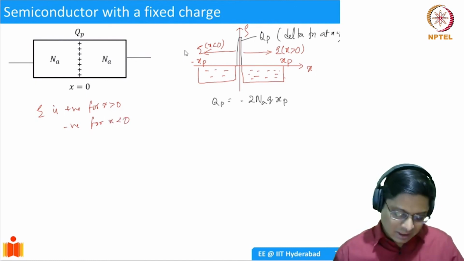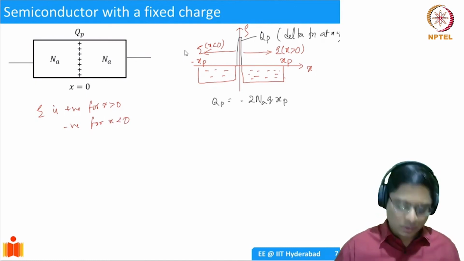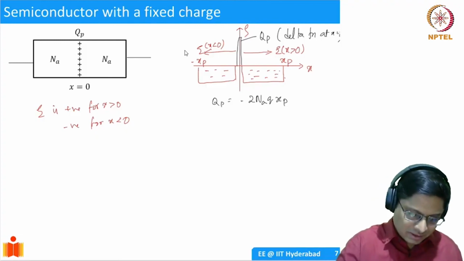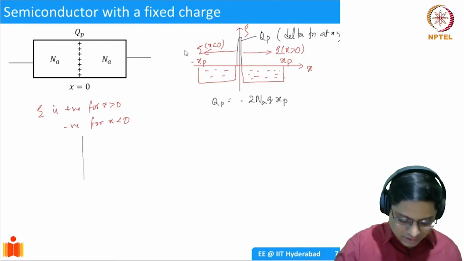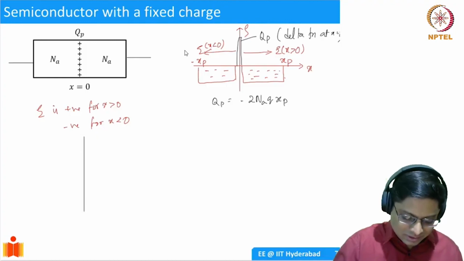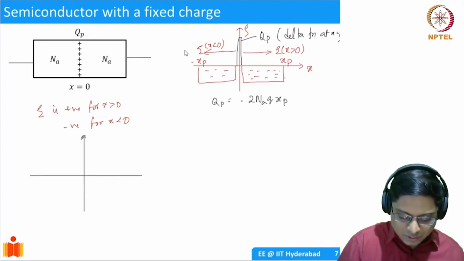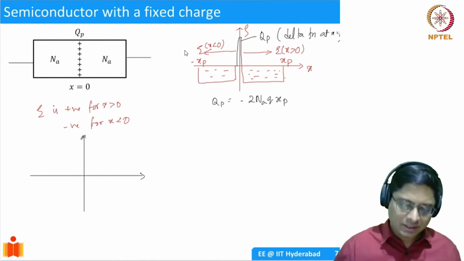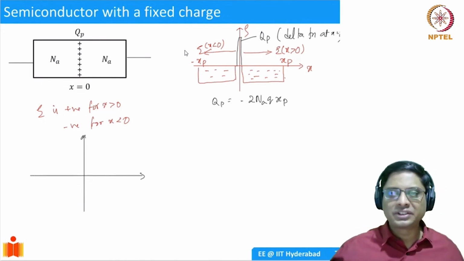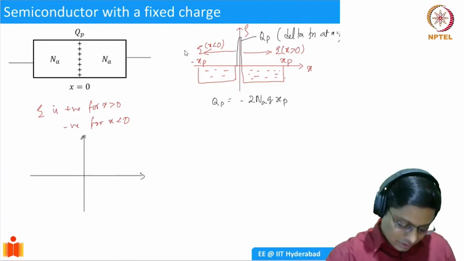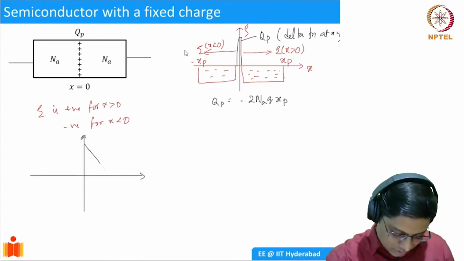Okay. And it's again a uniform doping. So you could simply write the E field. I mean, you can integrate and find out, but we know the functional form, right? Whenever you have uniform doping, your E field is going to be linear, and outside the depletion region, the field is 0. So here, the E field has to be this way, and here the E field is to be this way.